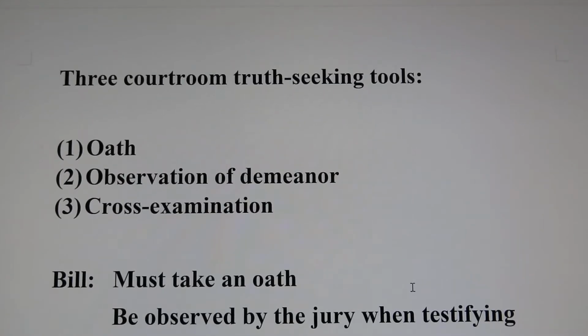Okay, we would still start from these three courtroom truth-seeking tools. As we have already discussed, in any testimony and in any description of an event, we would have these four types of risks, or four potential sources of unreliability.